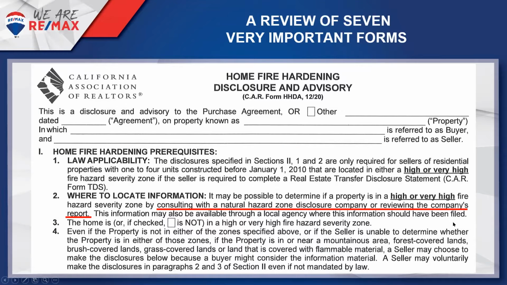You can also talk to your natural hazard company representative and ask them to check for you, but I would have them confirm that in writing. But again, I think err on the side of caution and provide the form if there's any question. All right. Now, the form makes an affirmative statement that the home is in a high or very high fire zone, unless you check this box.